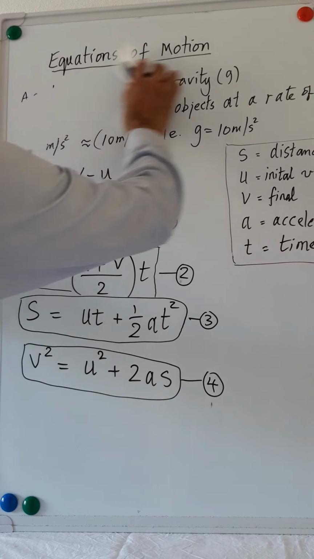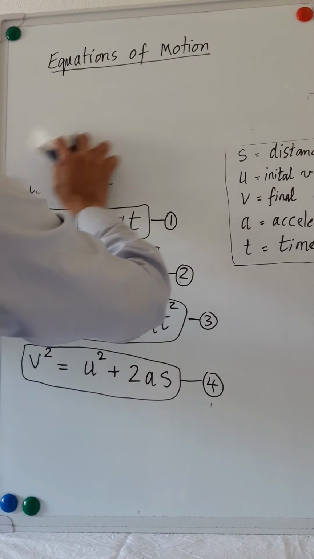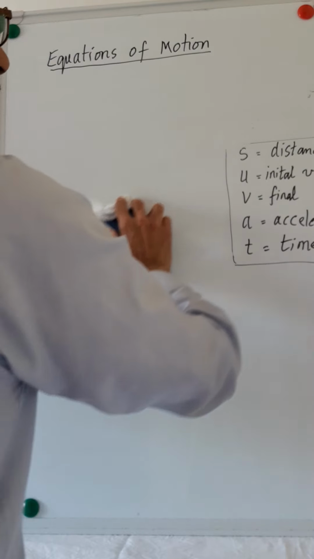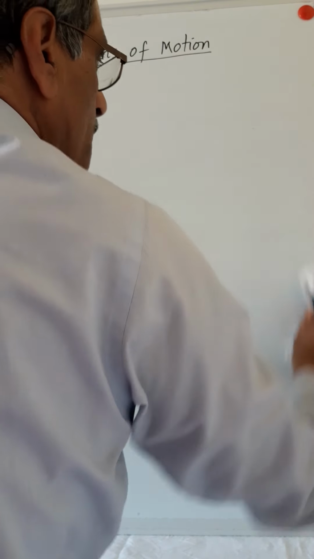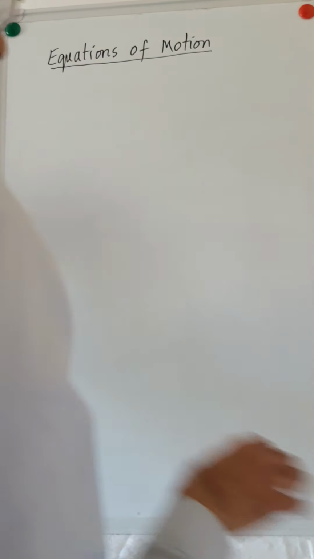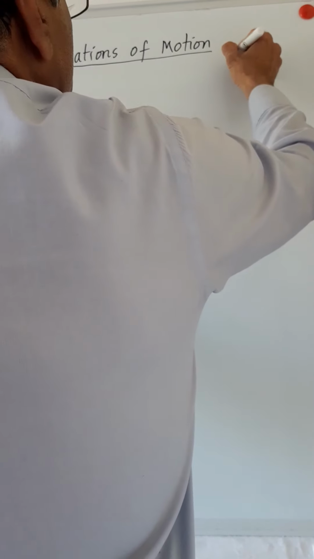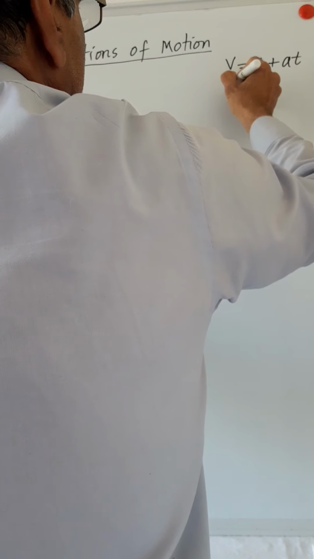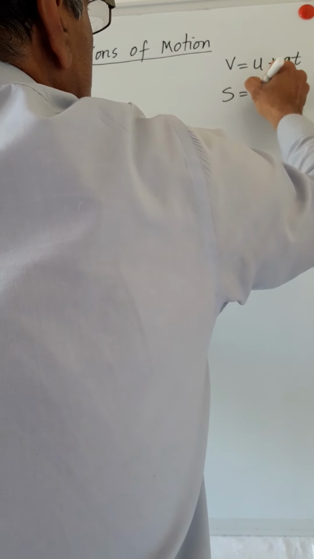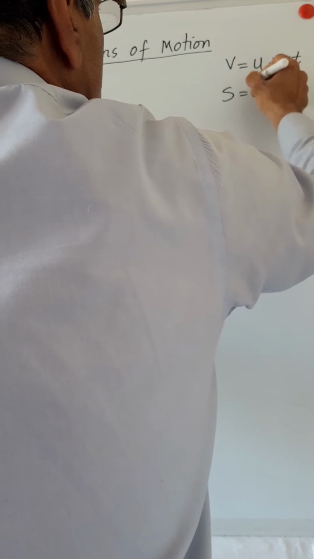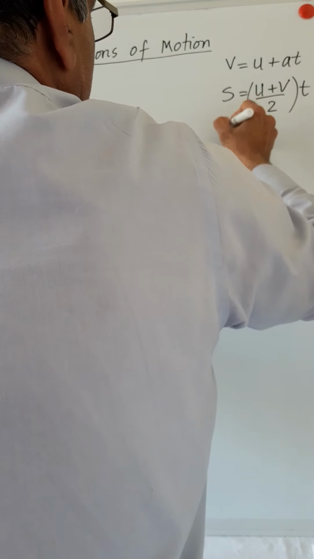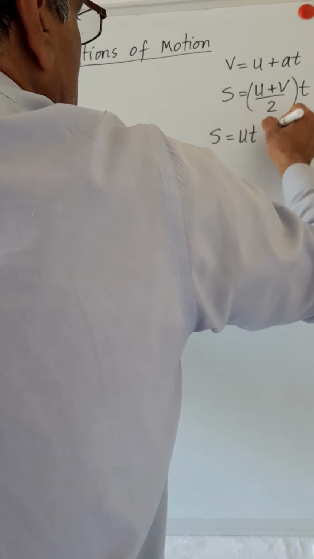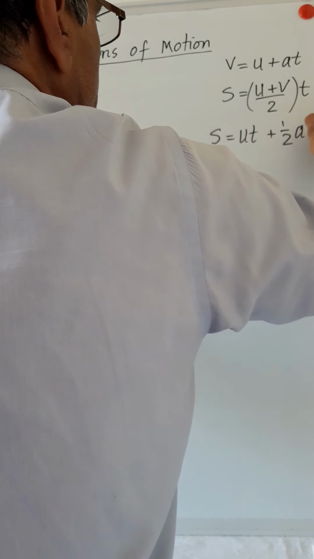Right, let's rub this out. Because I'm going to use these equations to solve the problems, I'm going to write these over here. v equals u plus at. s equals u plus v divided by 2, times t. s equals ut plus a half at squared.